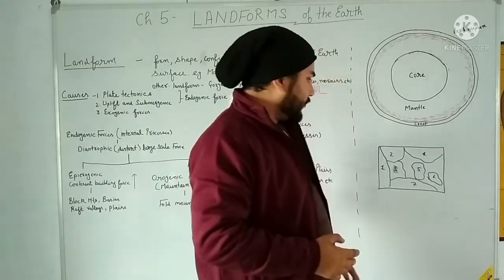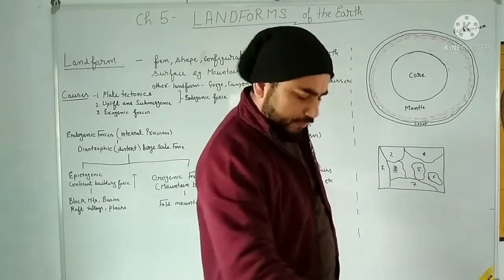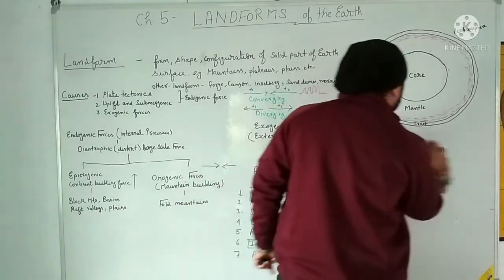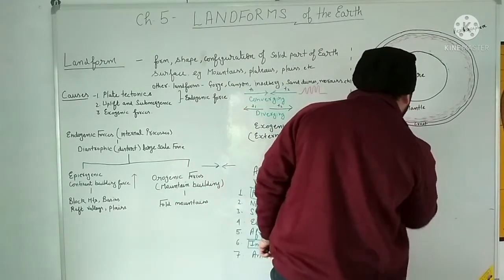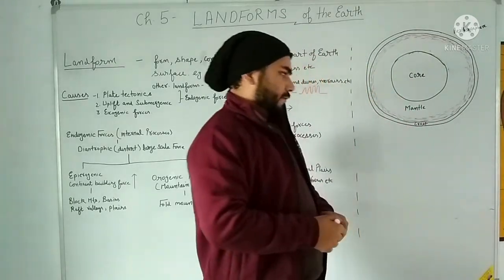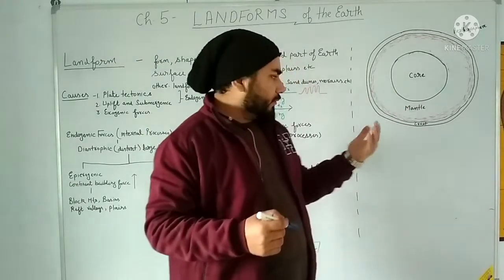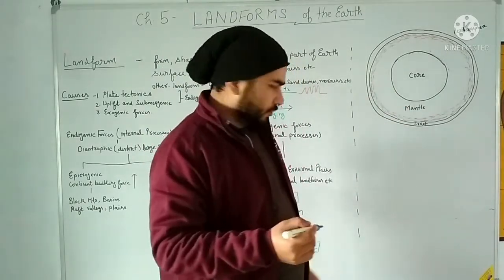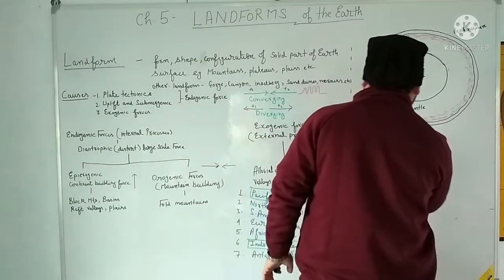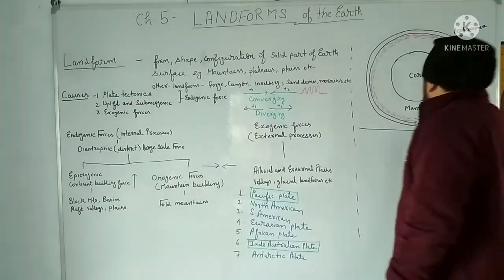Now see, we have already studied the interior of the earth. We have studied that inside the earth the temperature is very high. And why is the temperature very high? Why is there heat inside the earth? There is a reason for that. The heat inside the earth comes from two reasons.